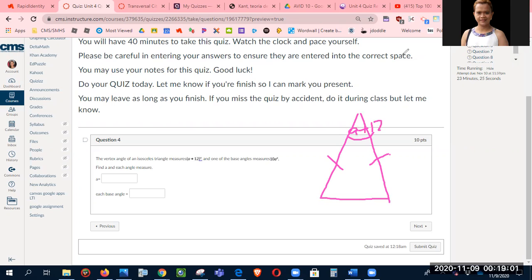A plus 12. And each base angle is 10A. We need to make them equal to 180 since the interior angles sum to 180. So we have A plus 12 plus 10A plus 10A.